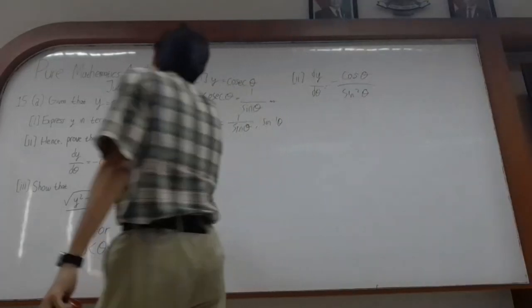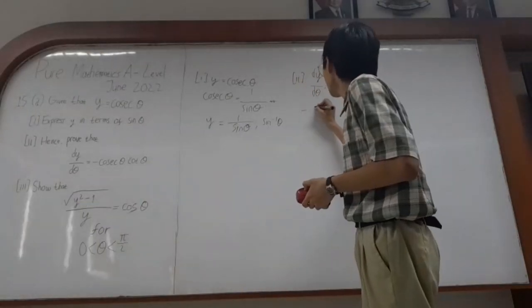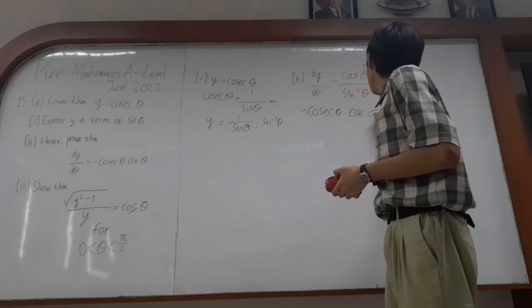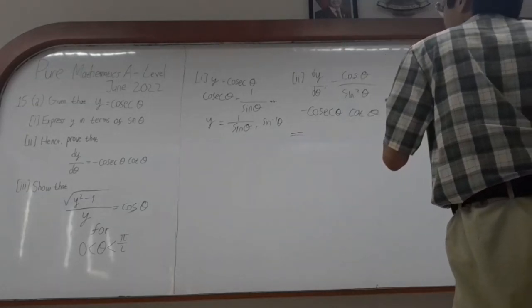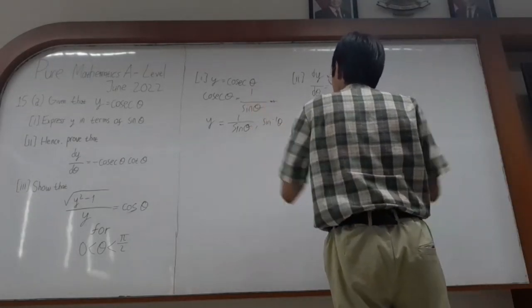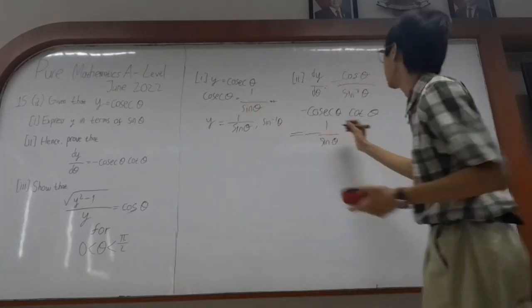So this is minus cosecant. Let us divide this value. So minus cosecant theta. Cosecant equals 1 over sin theta. But this one is negative, so you're basically just rewriting it again: minus 1 over sin theta.